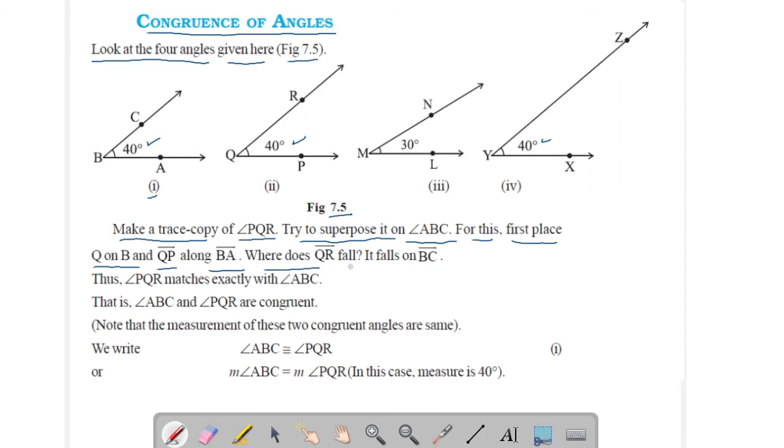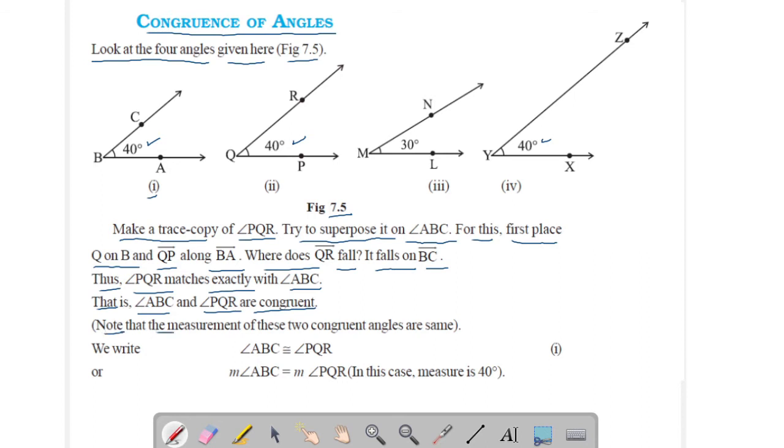Where does line segment QR fall? It falls on line segment BC. Thus, angle PQR matches exactly with angle ABC. That is, angle ABC and angle PQR are congruent.